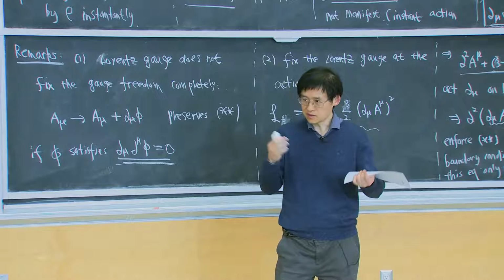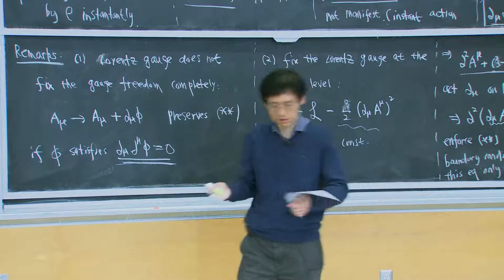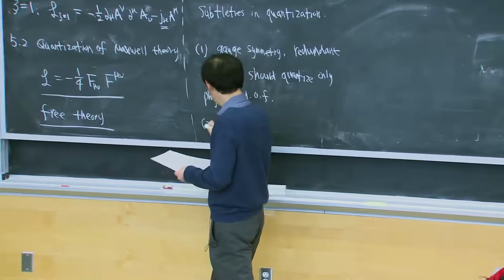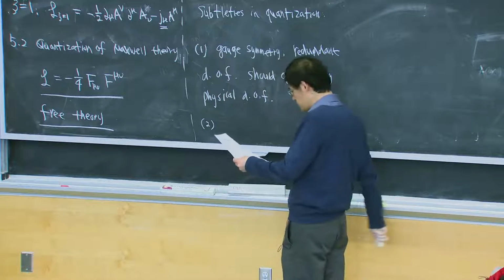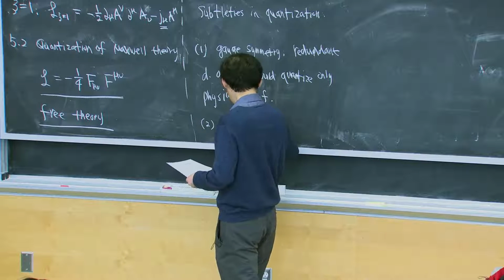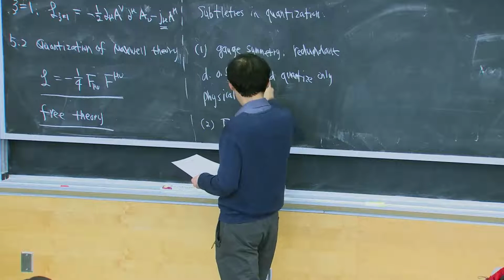That makes the quantum theory more subtle compared with the classical one. And the second subtlety is that F mu nu is antisymmetric. The second one is more technical, while this first one is very conceptual.